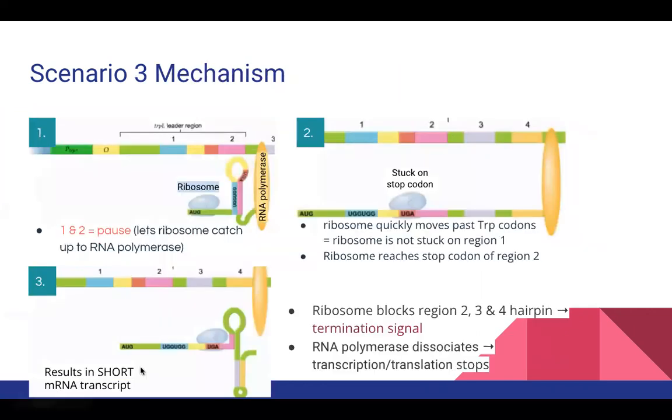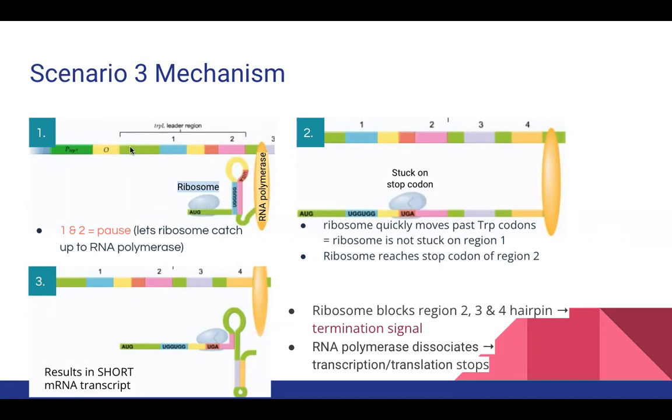The way that happens is that RNA polymerase is going to go through these 1 and 2 regions, and the ribosome is not going to stop on these tryptophan coding regions, because there's going to be enough tryptophan in the cell to be translated here.